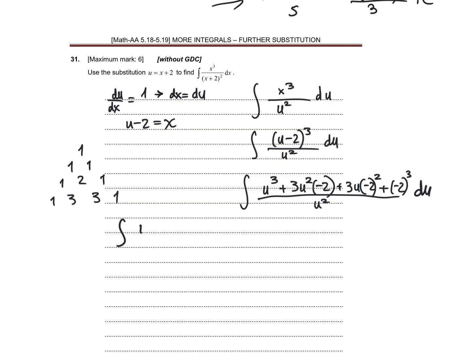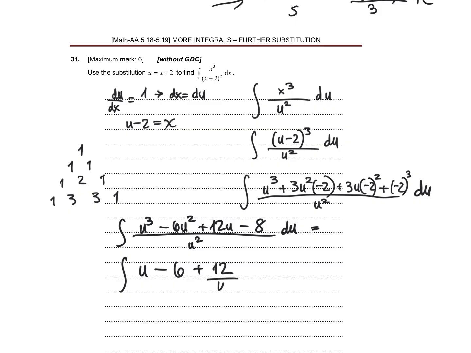So this becomes u cubed minus 6u squared plus 12u minus 8 over u squared. So that this becomes u cubed over u squared is u, minus 6, because the u squareds will cancel, plus 12 over u minus 8u to the negative 2.